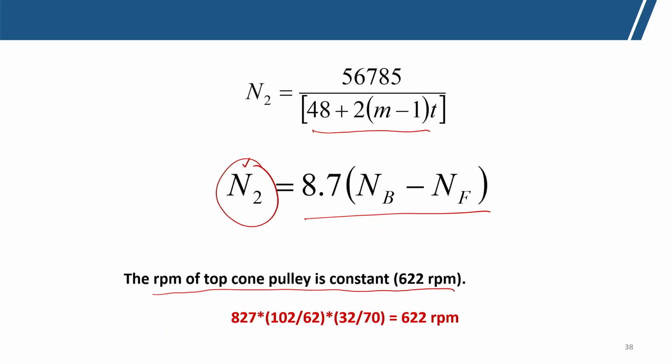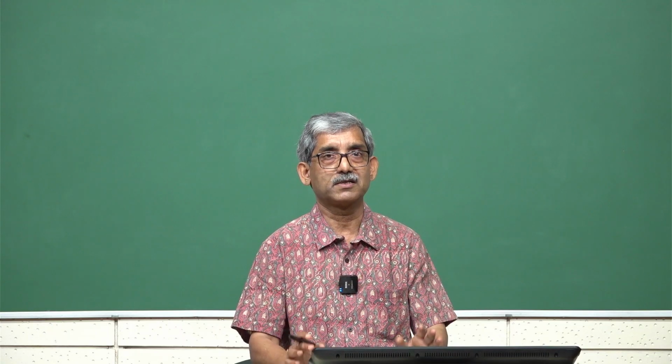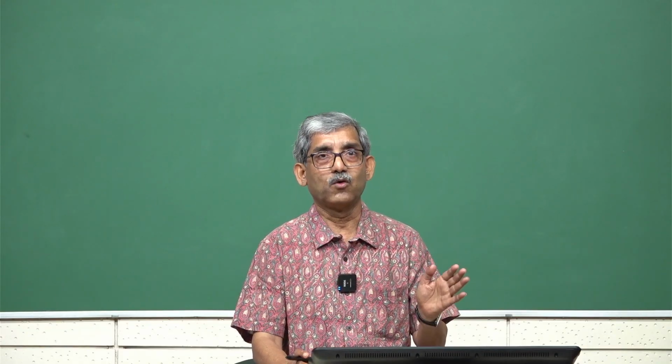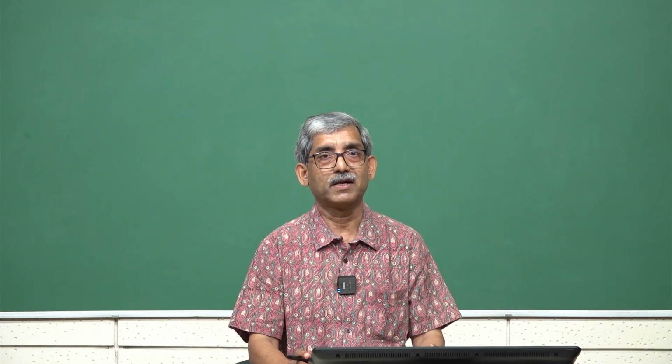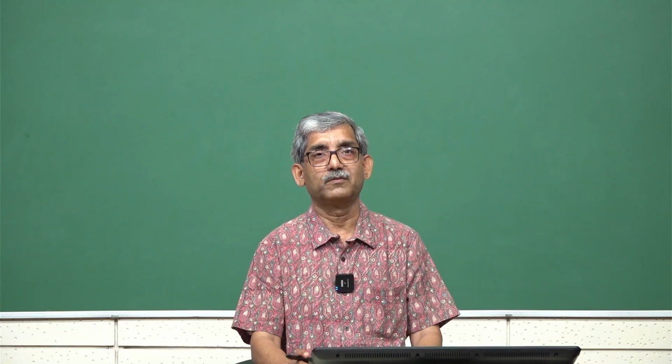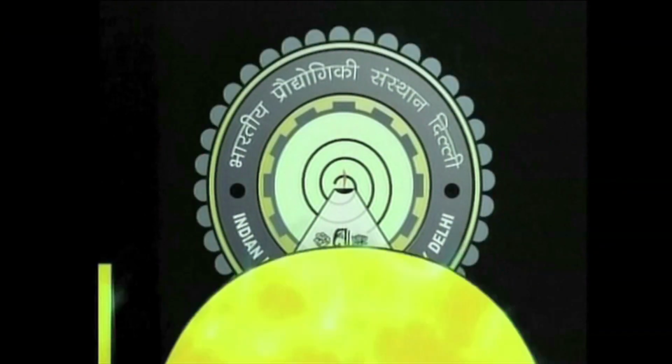So, what we have got here is the relationship between the bottom cone drum speed and the bobbin speed, bobbin RPM, with a constant flyer speed. And we will stop here for this discussion, and in the next session we will discuss the mechanism of cone drum shifting. Till then, thank you.